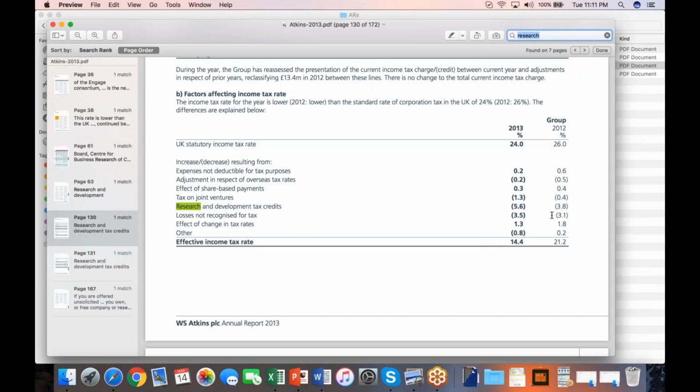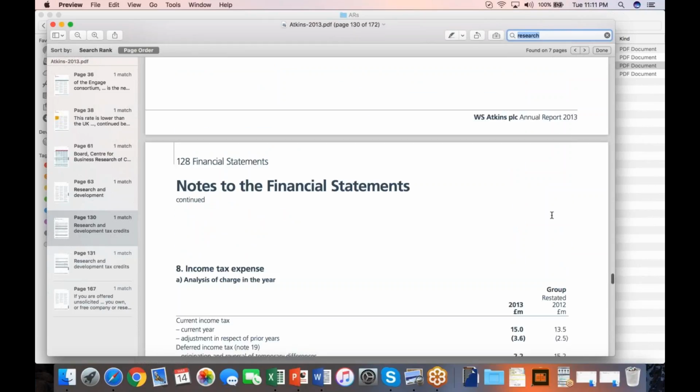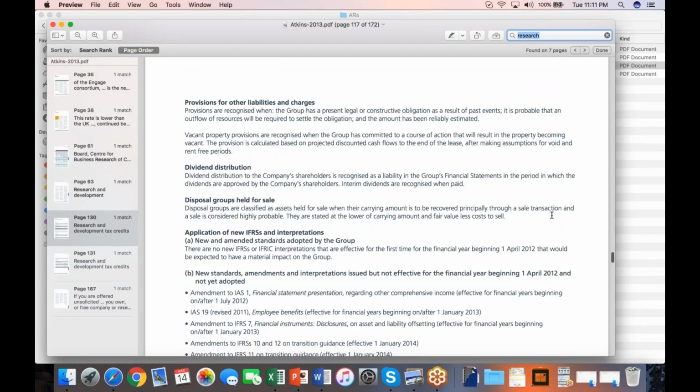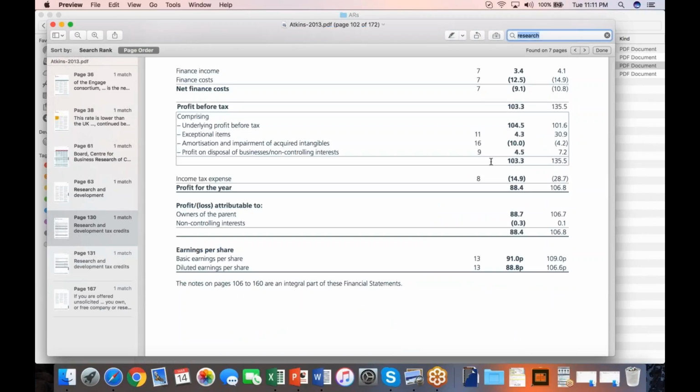Now if I go to the income statement for 2013, here we go. It says that profit before tax is 103.3.